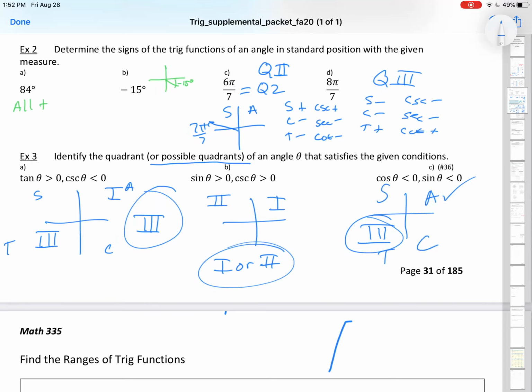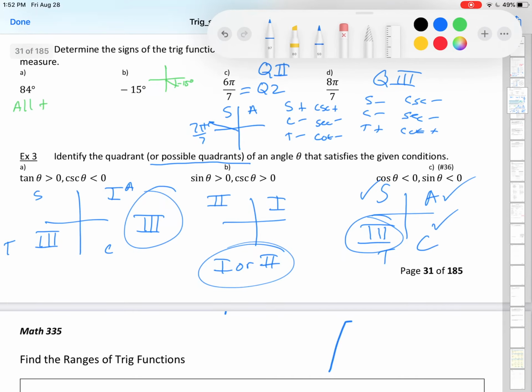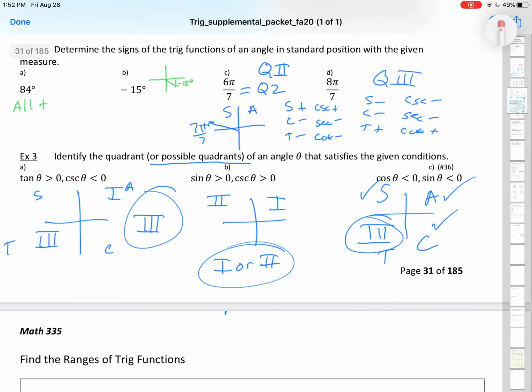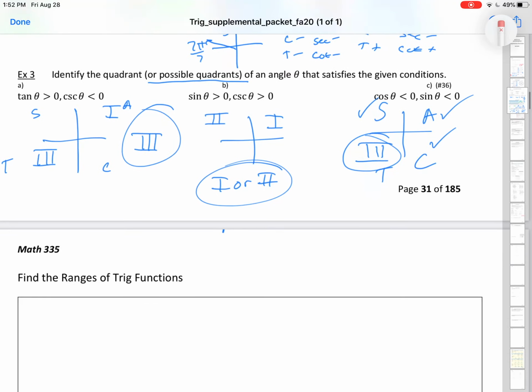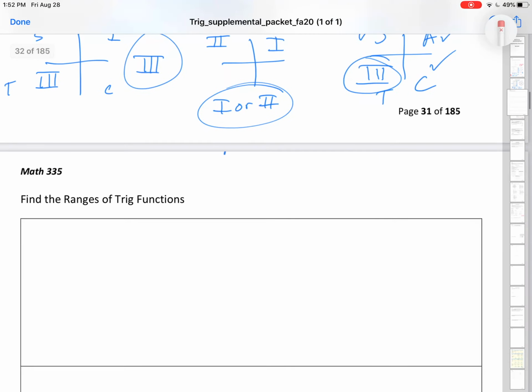It can't be this one because they're all positive. It can't be this one because sine's positive. It can't be this one because cosine's positive. It's got to be quadrant 3 where sine and cosine are both negative. And that's what's making the positive tangent, right? When you have a negative y and a negative x, it's making that into the different ones.